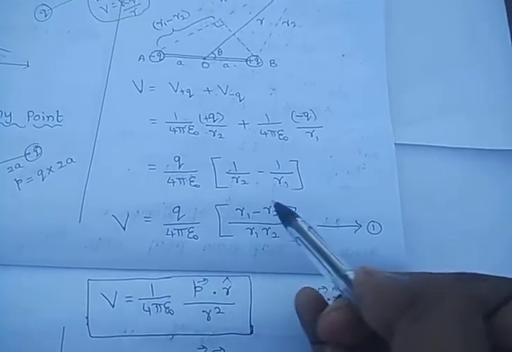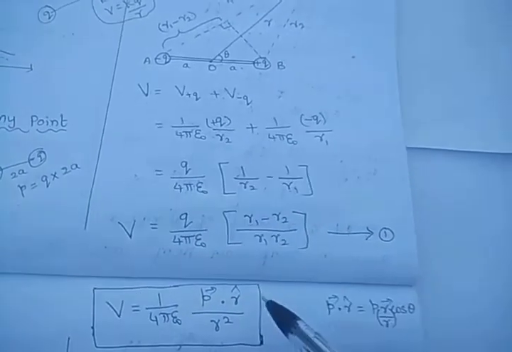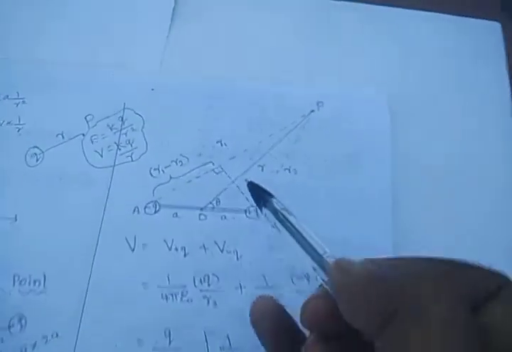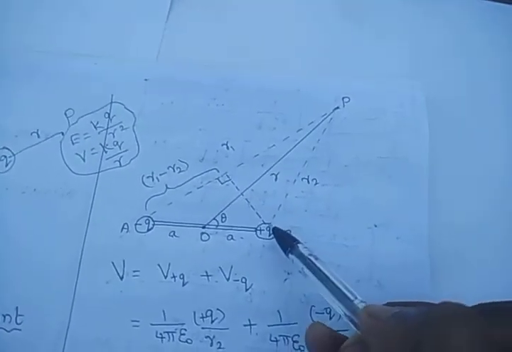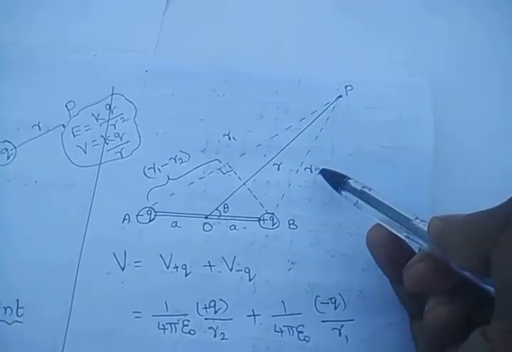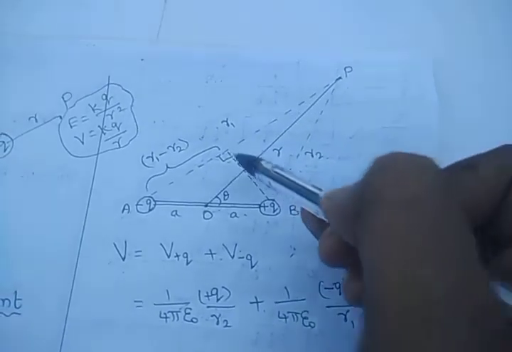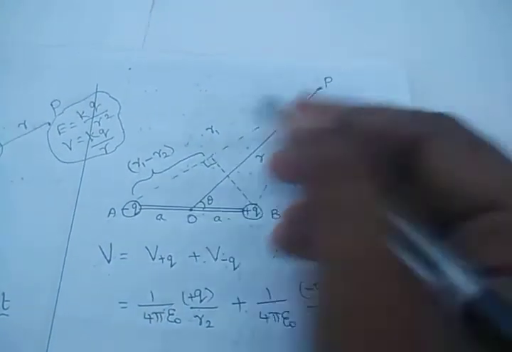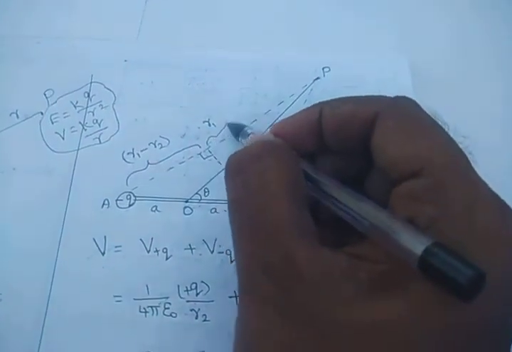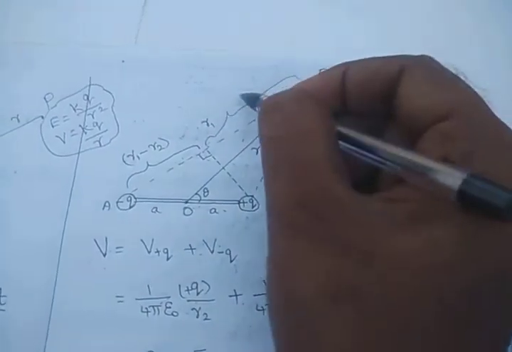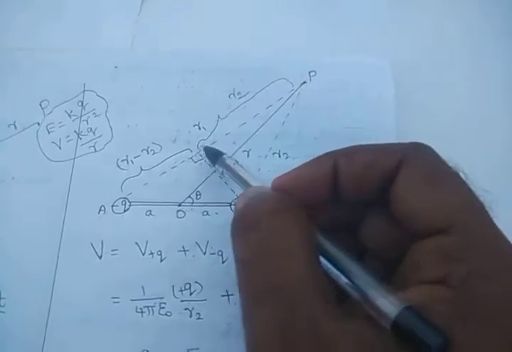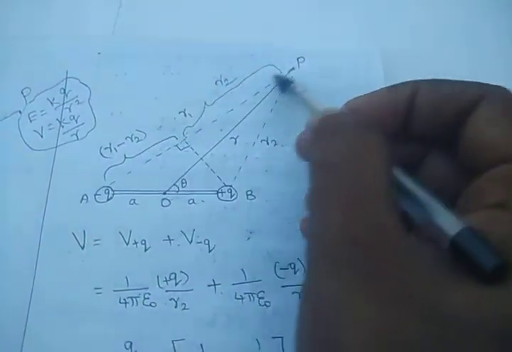Now we are going to determine the values of R1 minus R2 and R1 into R2. From the diagram, if you draw the normal line from the positive charge to R1, this distance is R2. The total distance is R1.